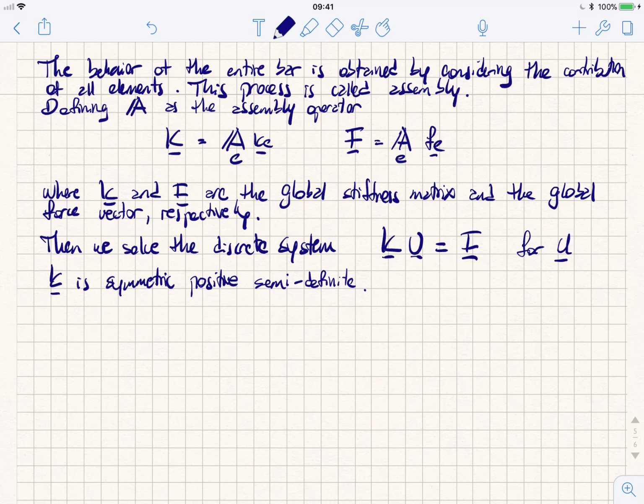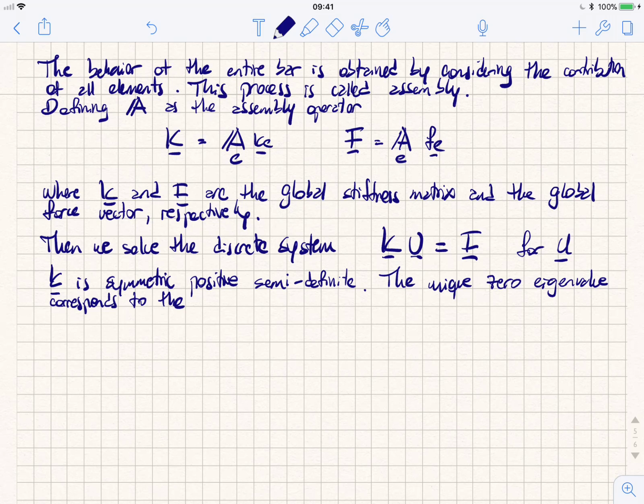And in this case, for this particular case of a bar, the unique zero eigenvalue, we have only one, corresponds to what? Who has a guess? Can we solve this system?